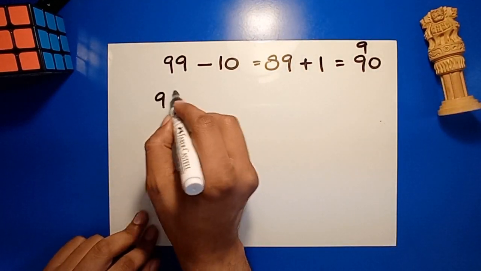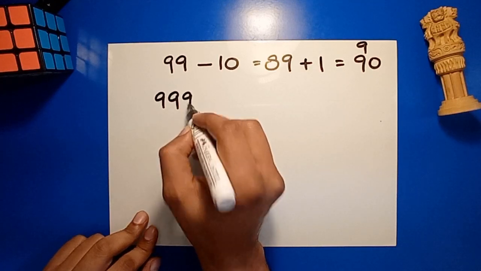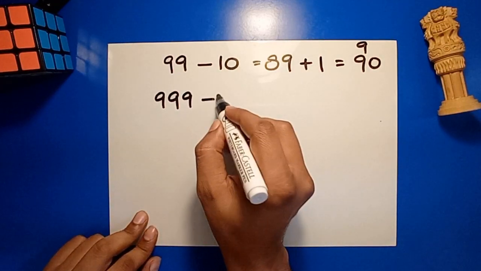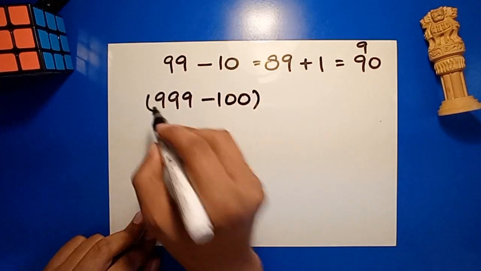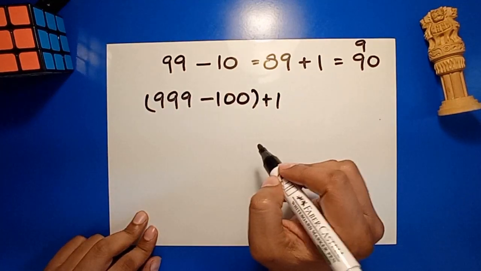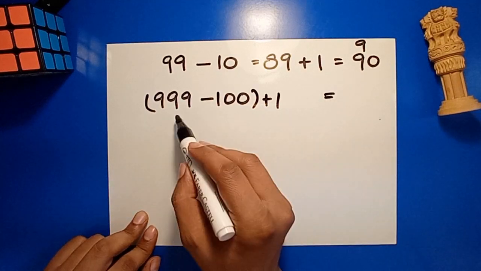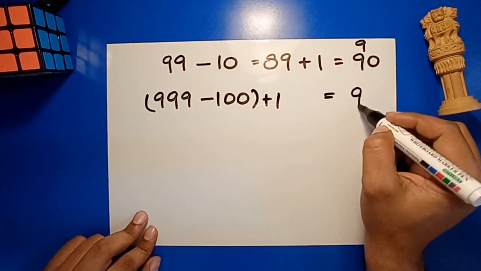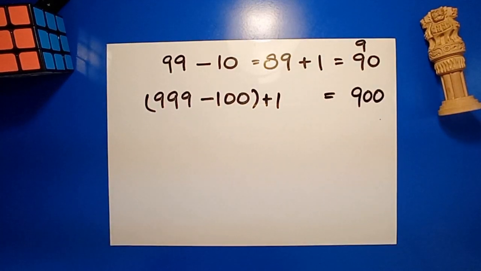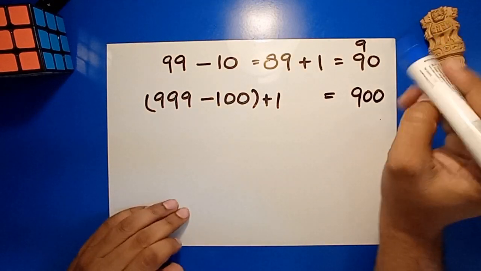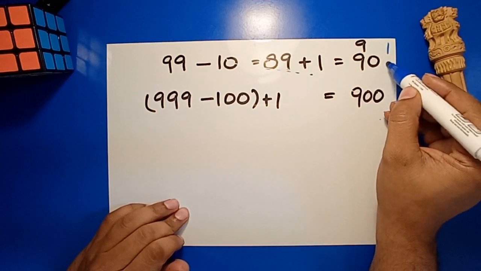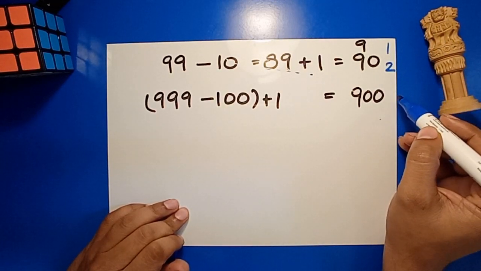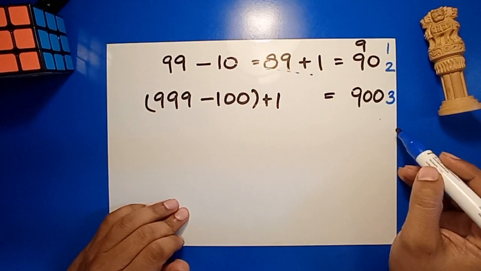Let's see if there is a pattern here. Largest three digit number, minus smallest three digit number, plus 1 is equal to 900. So you see a pattern. There are 9 one digit numbers, 90 two digit numbers, 900 three digit numbers.